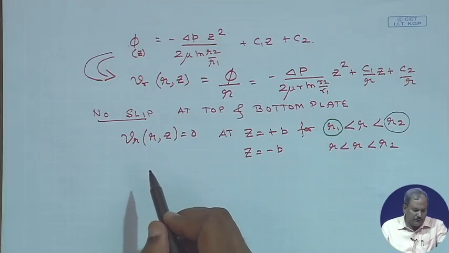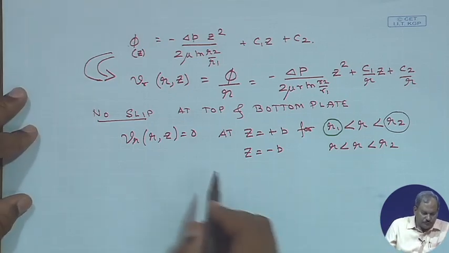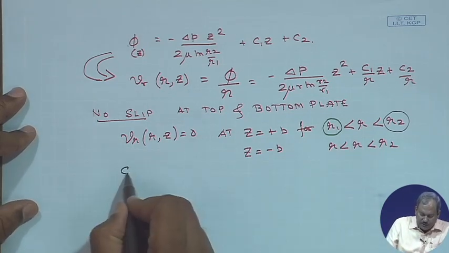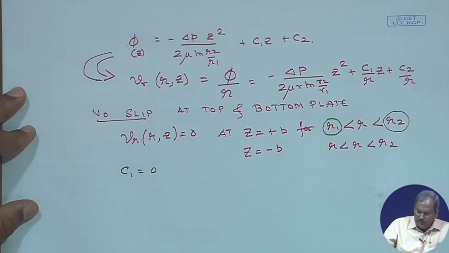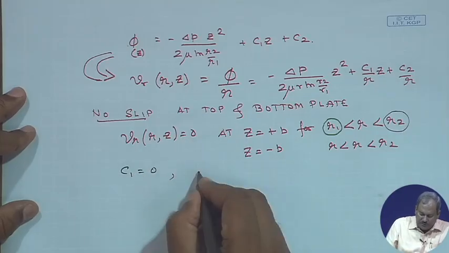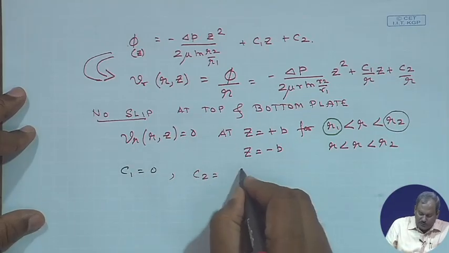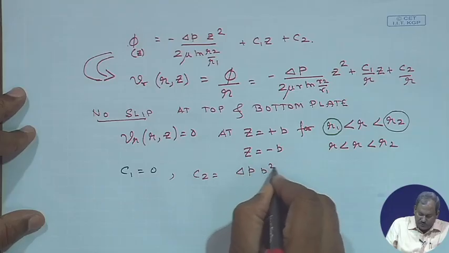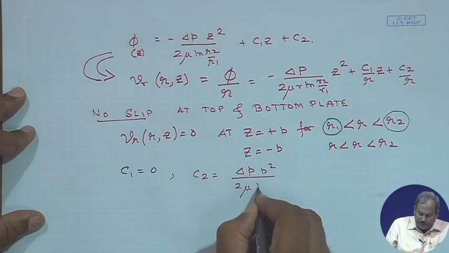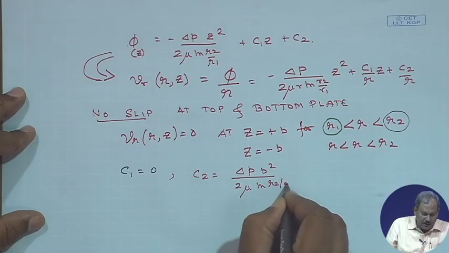With these two boundary conditions, one should be able to evaluate C1, which would turn out to be equal to 0, and the expression for C2 would be delta p b square by twice mu ln r2 by r1.